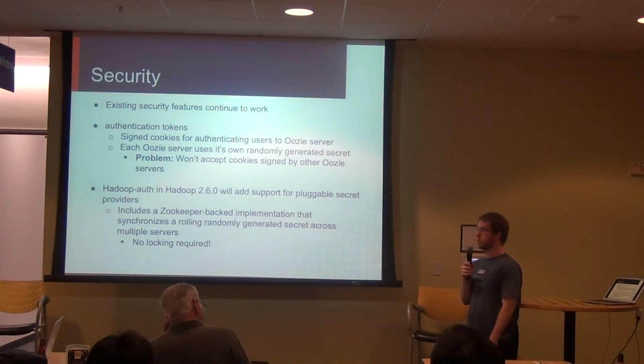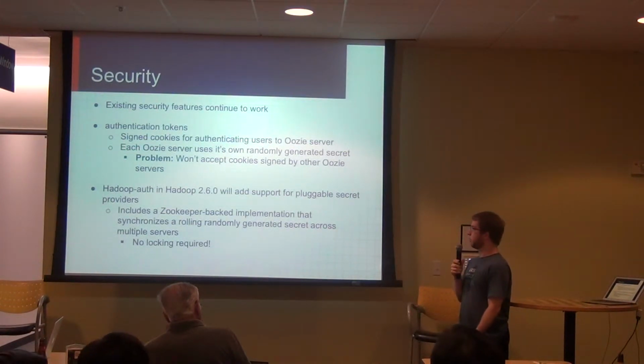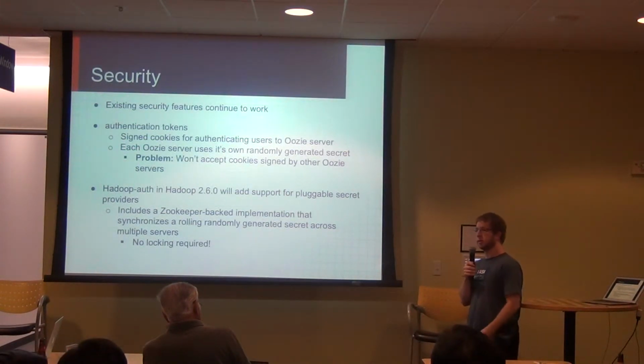So in Hadoop 2.6, we've added support for pluggable secret providers. And what that basically means is you can make your own implementation of code that will generate the secret that Hadoop Auth should use for this. And also we added support for rolling secrets, so the secret can actually change over time.